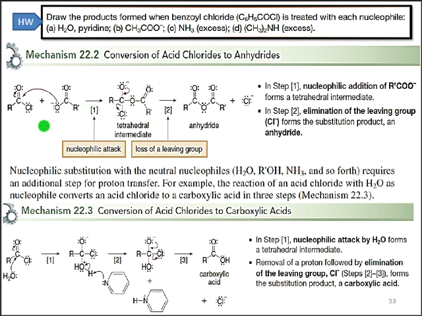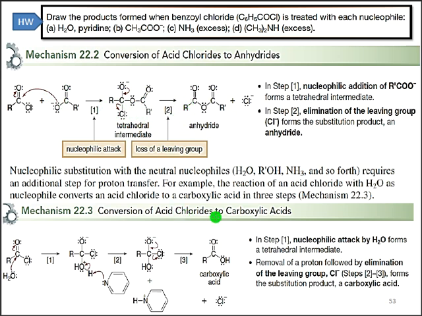And the mechanism for acyl substitution reactions is the same mechanism. Two-step. If you use a negative nucleophile, it is a two-step: addition, forming the tetrahedral intermediate, and removal of the leaving group.